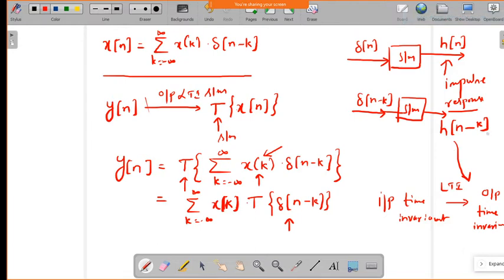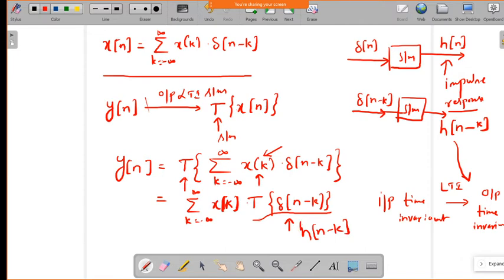So that's why I apply this here. If I apply the time invariant property, so if I apply the input signal to the system, the impulse response of the system is also time shifted. So now we can write this response of the system as h of n minus k.